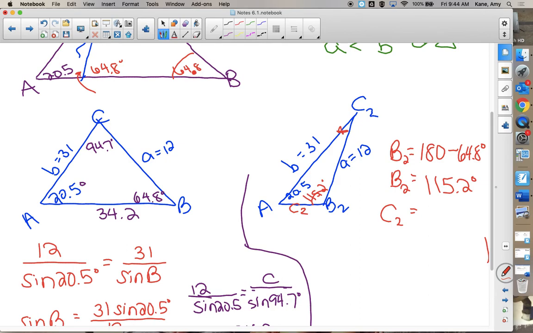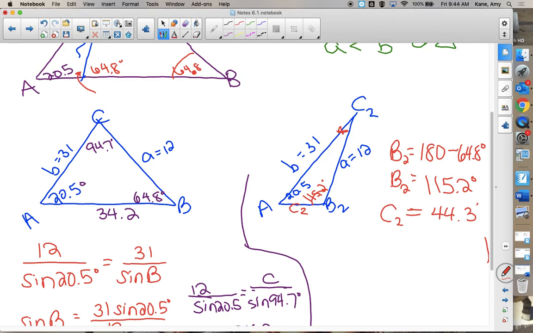So what's left after you subtract 115.2 and 20.5 from 180? 62.5, sorry. I got 44. 44 point what? 3. Okay, that looks a little better. That's 44.3.